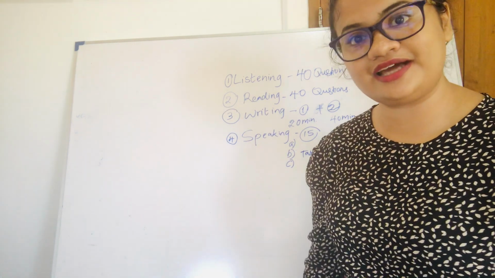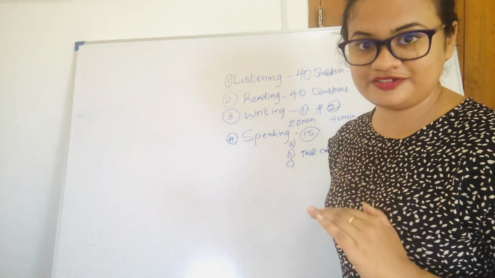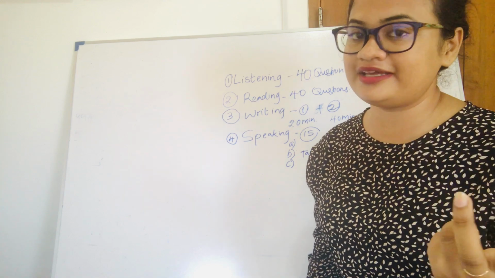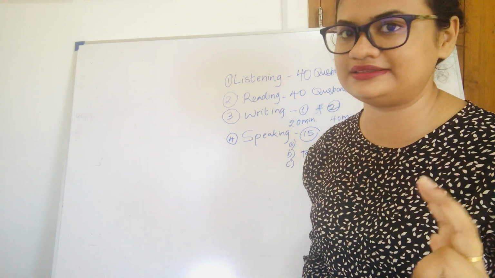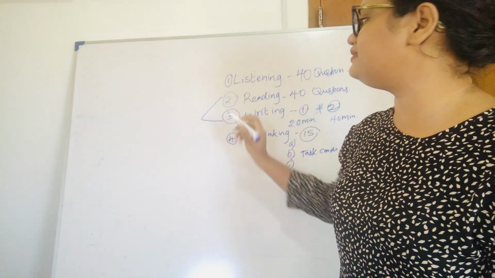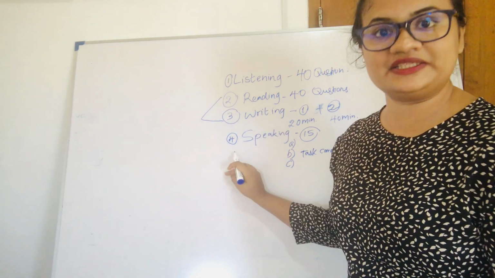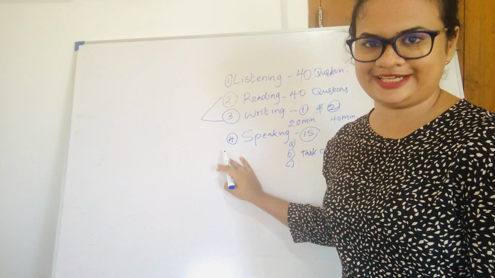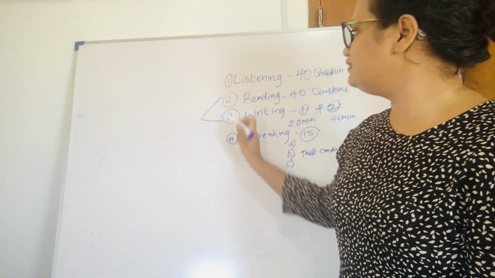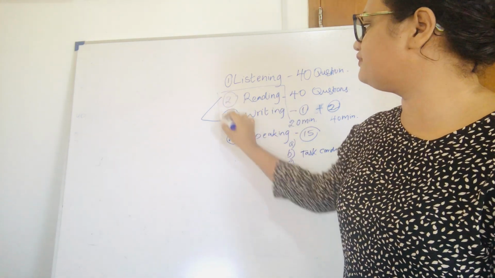So when understanding the IELTS examination, the major difference between the academic IELTS as well as general IELTS is only the reading and writing component. So with my experience, general IELTS is easier than the academic IELTS examination. The major difference comes with the reading and writing.